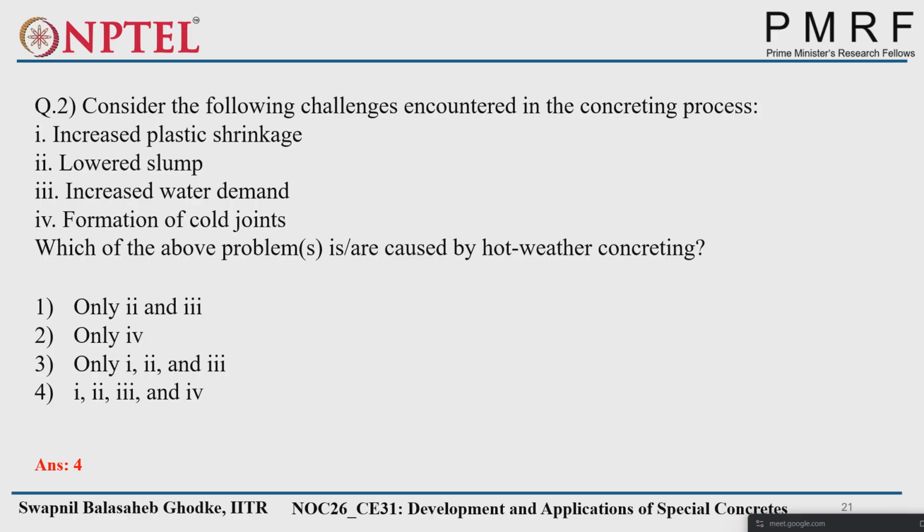So extra water is required to get the same slump value, right? And why formation of cold joints? If you are placing concrete, there is a temperature difference between the subgrade and the concrete above. Because of that, moisture transfer will be there because of the temperature difference, and cold joint formation will occur. So the answer will be four, right?